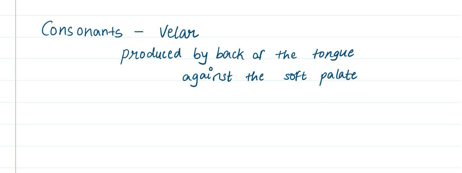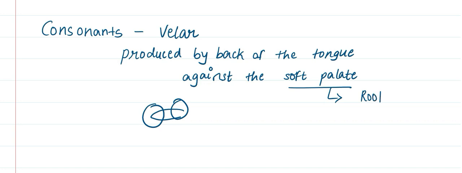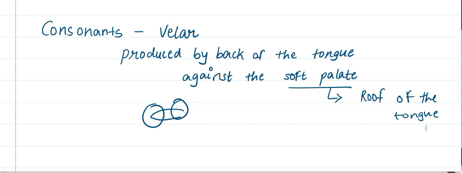If I say this is the tongue, the first front part is called the front of the tongue, and the back part is called the back of the tongue. And the palate is nothing but the roof of the mouth, the upper part, where you place your tongue when you're sleeping.